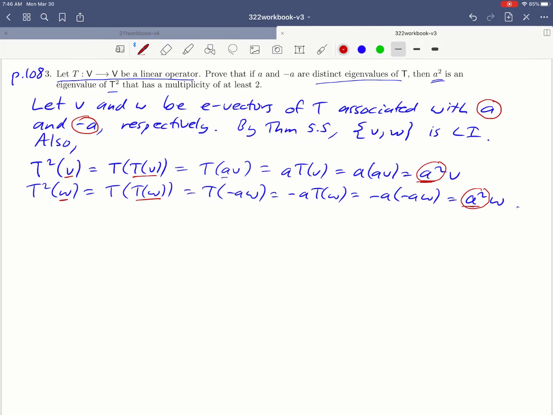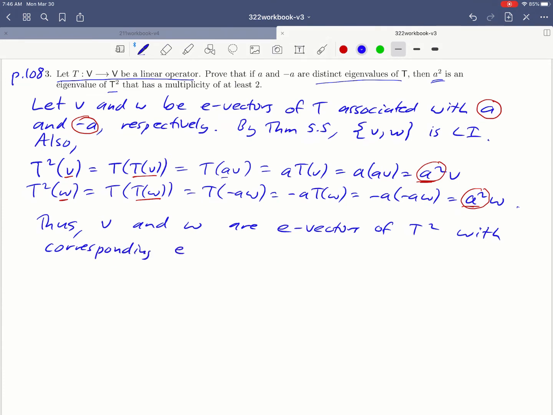So what we can say is that v and w are both eigenvectors of T squared, and they both are associated with the same eigenvalue, a squared.